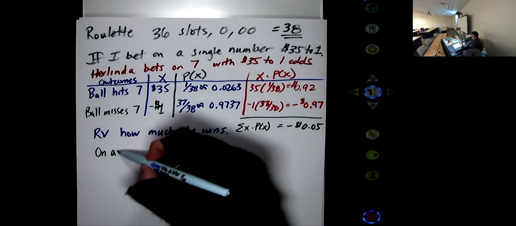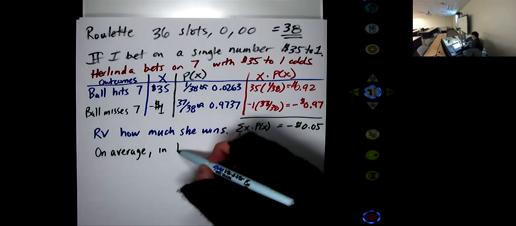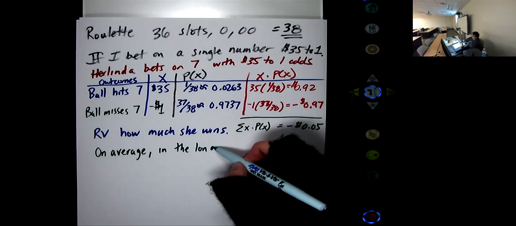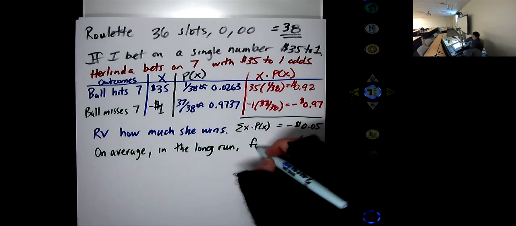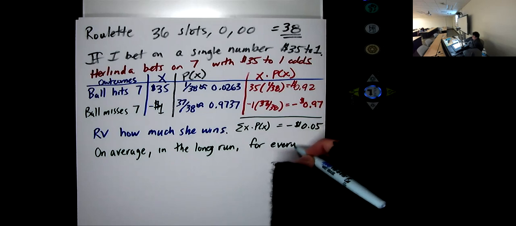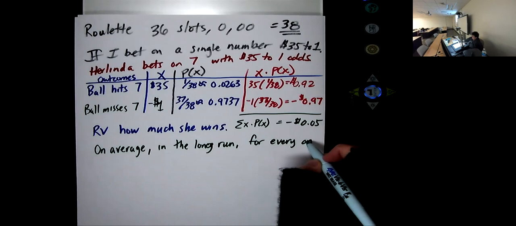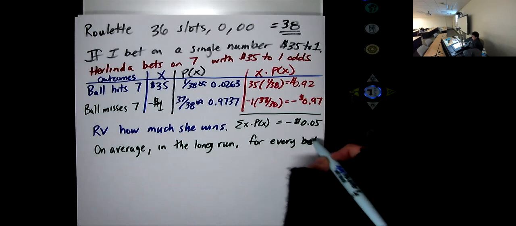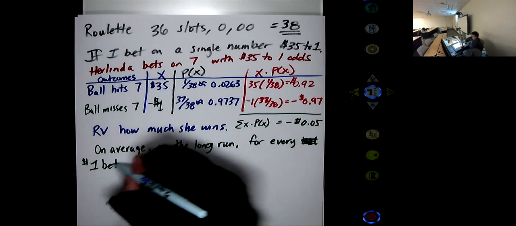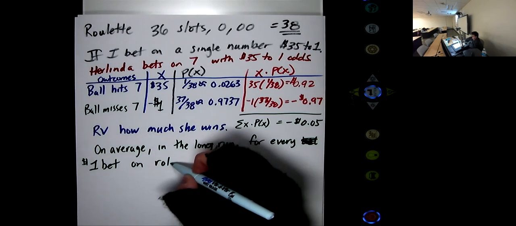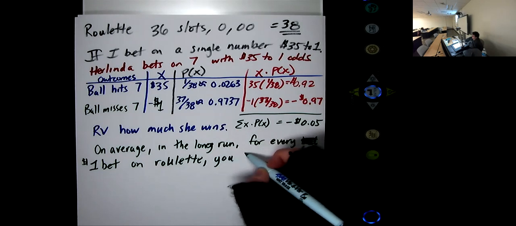On average, in the long run, for every dollar you bet on roulette, you lose a nickel.